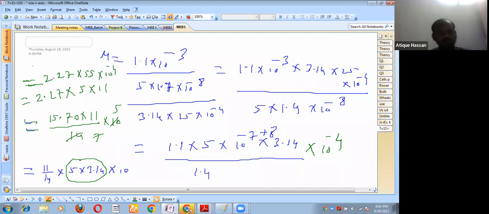2.27 into 55 into 10 to the minus 4. Solve it, how much will you get? I think approximately 0.1 something, close to 0.1. Is there any value close to 0.1?